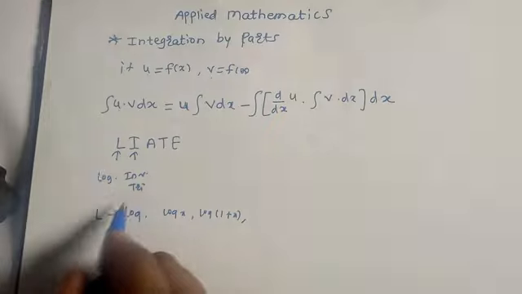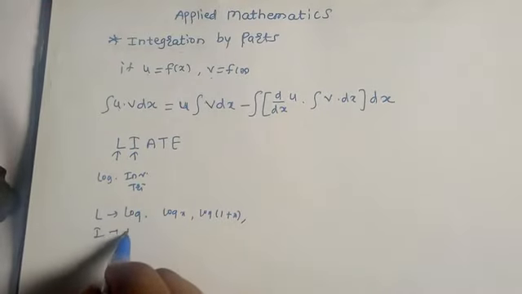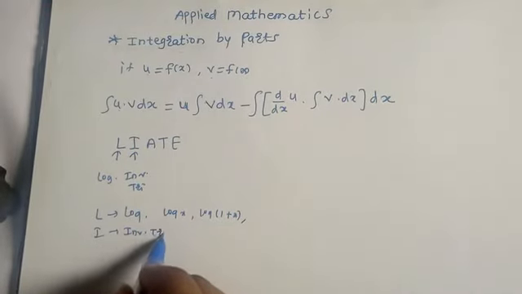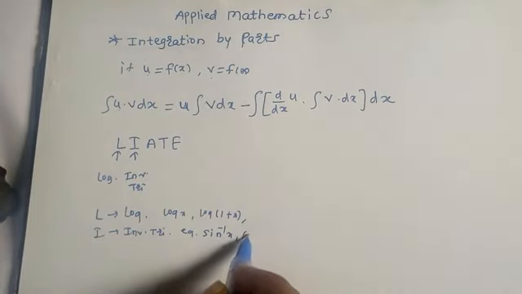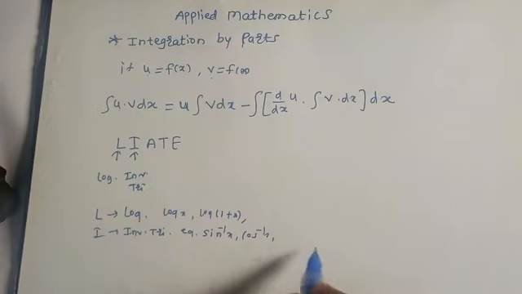Then this I stands for inverse trigonometric functions, that means, for example, sine inverse x, cos inverse x, or tan inverse x, and so on.